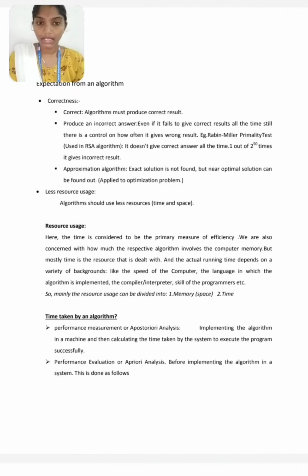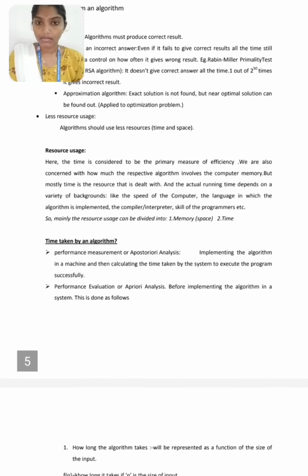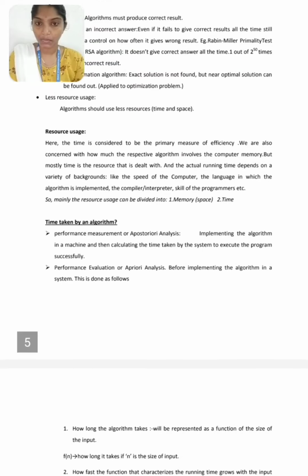Example: the Miller-Rabin primality test used in the RSA algorithm does not give correct answers all the time, like 1 out of 2 to the power 50 times it gives incorrect results. Next, an approximate algorithm accepts that the optimal solution is not found, but a near-optimal solution can be found and applied to optimization problems. Less resource usage: an algorithm should use less resources, time and space.